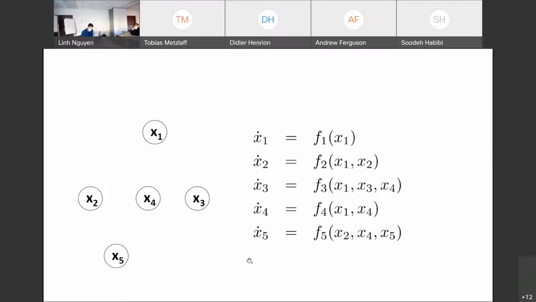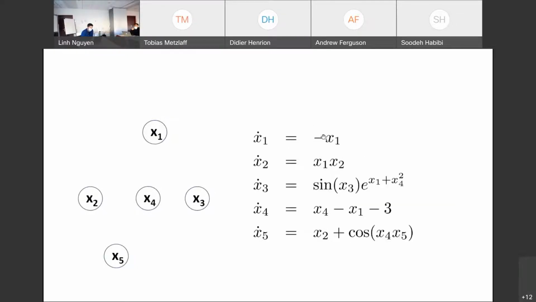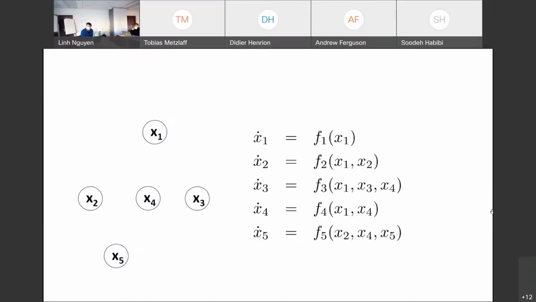We just note that x1 dot really depends on x1, x2 dot only depends on x1 and x2, and similarly for the others. But we forget about how this exact relation looks. This is a bit rough, but we just look at this correlation sparsity for this concept.